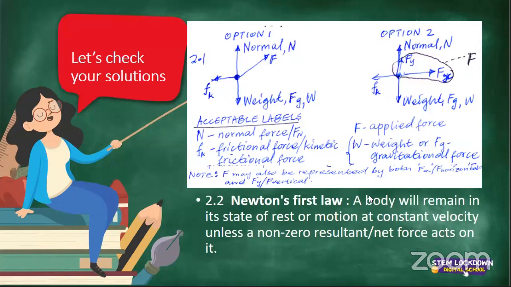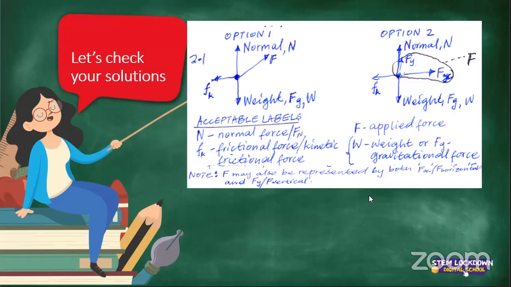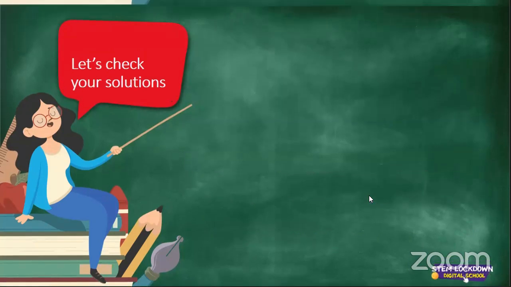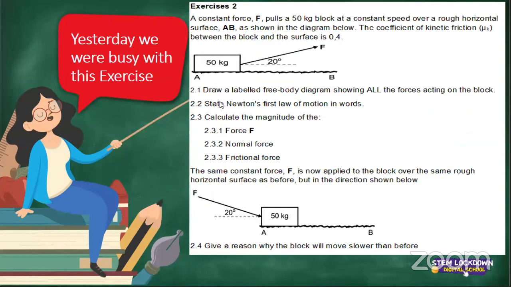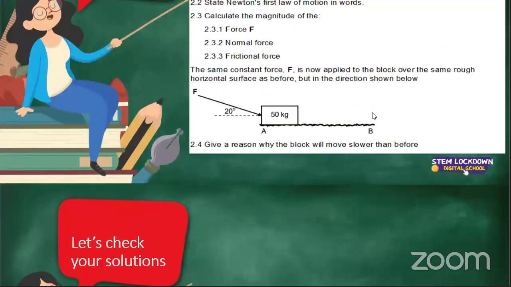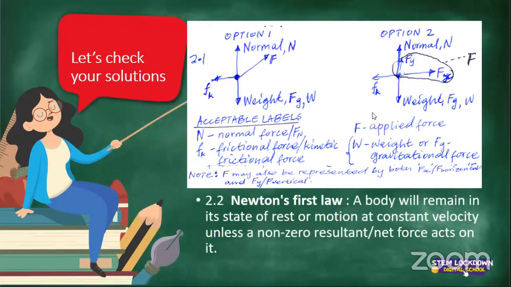So now, the question was to state Newton's first law of motion in words. So the law will be as follows: a body will remain in its state of rest or motion at a constant velocity unless a non-zero resultant or net force acts on it.